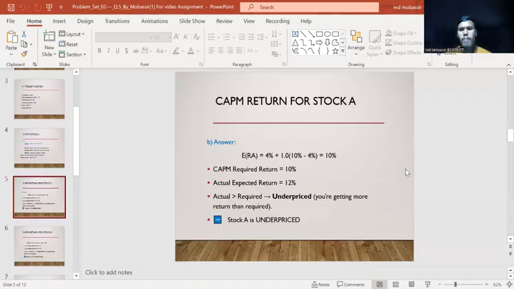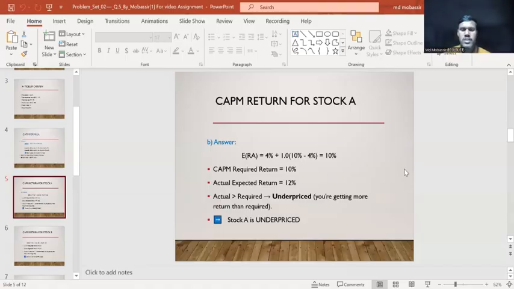To solve problem B, we use the CAPM formula for stock A, substituting the values given in the question, and we get that the required CAPM return is 10%.